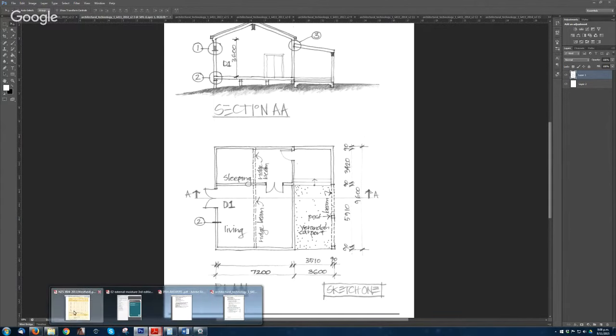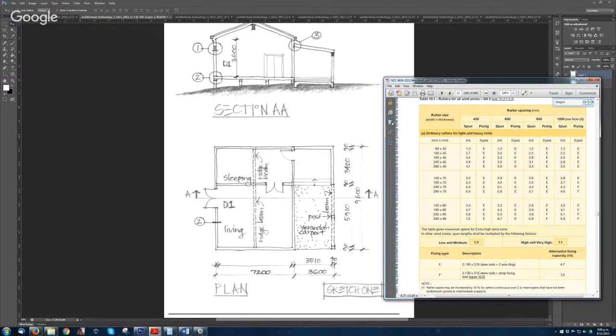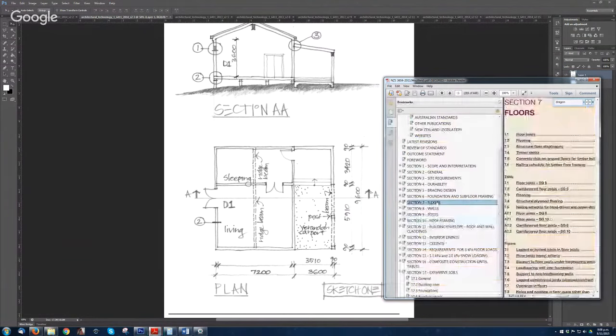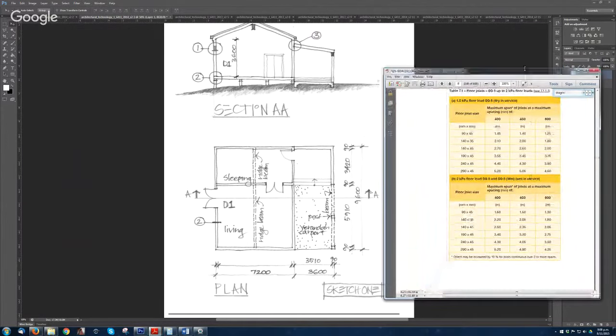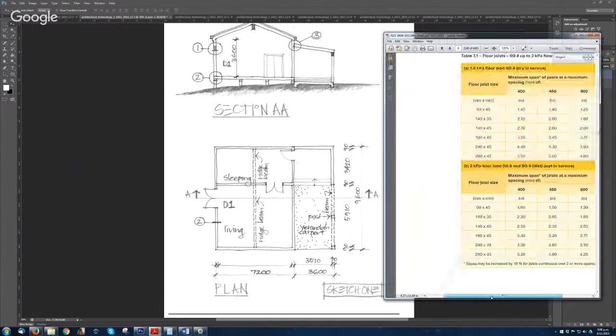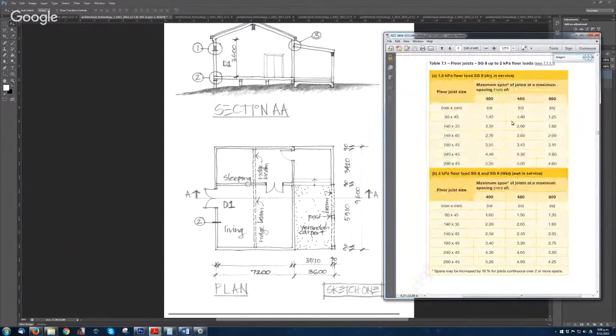So you go back to your 3604 table, and then you go to floor joist. Because we are inside the house, and so it's dry, that's the first table. And we need to be at 2.4 or more.